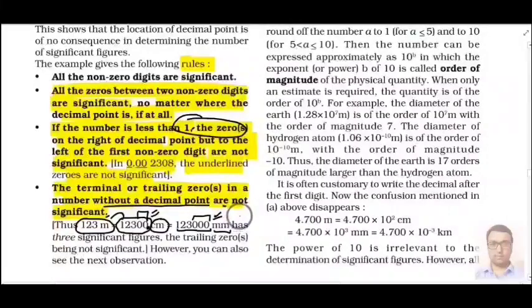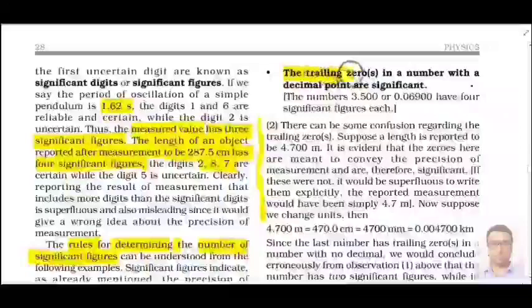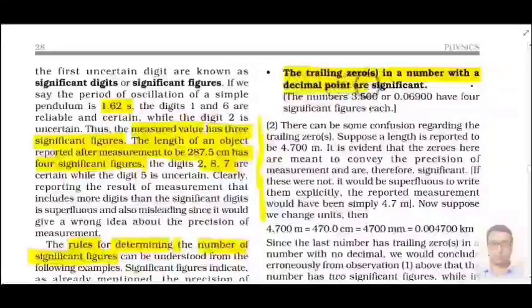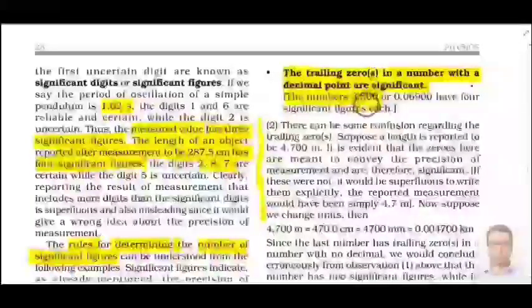This is rule number 4. Rule number 5 says that trailing zeros or terminal zeros in a number with a decimal point are significant. For example, if we have the number 3.500, here we have a decimal point in this number, so these two zeros will be treated as significant digits.